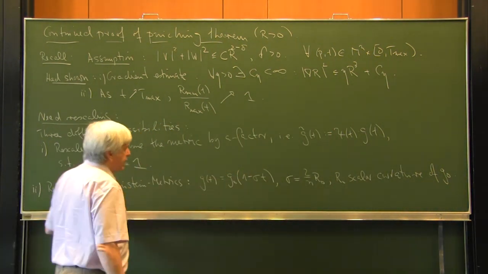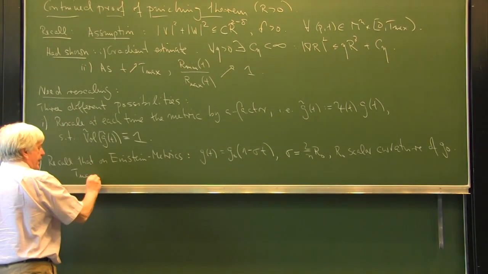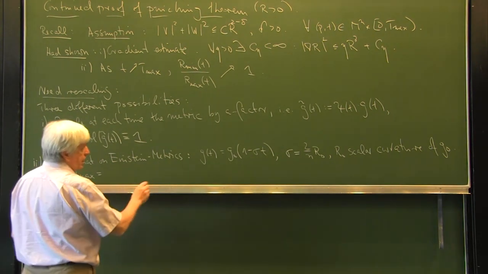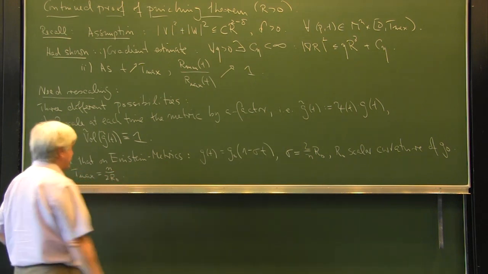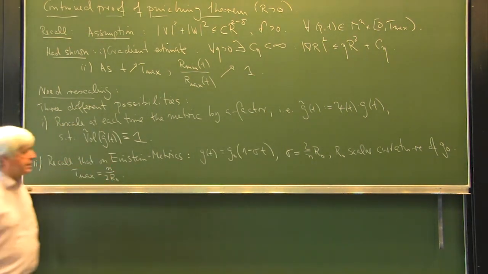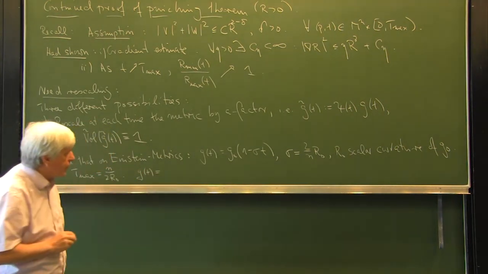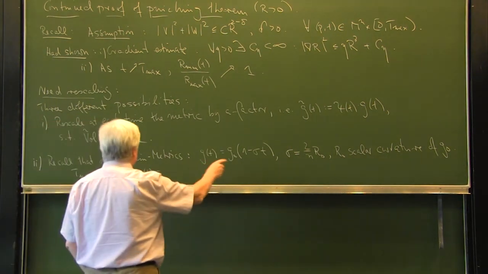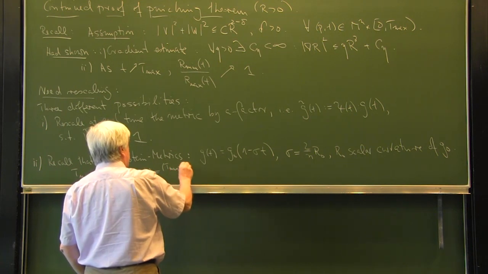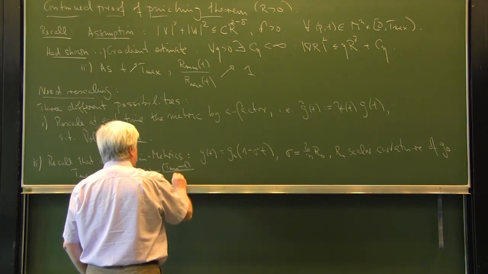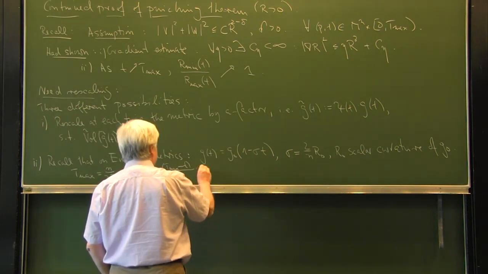So this shrinks to length 0 at time t max equal to n over 2R0, and this means g of t would be equal to, another way of writing this, t max minus t divided by t max times g of 0.